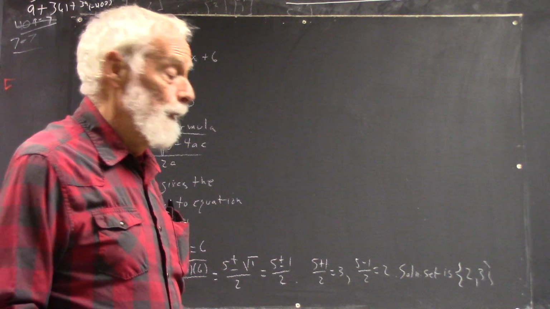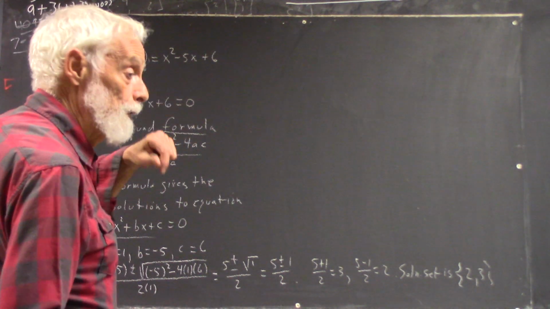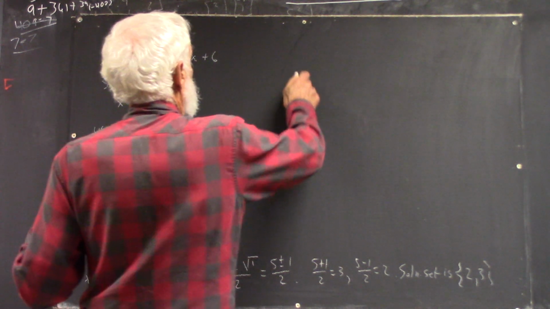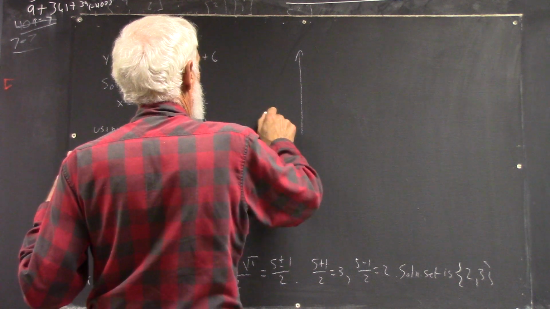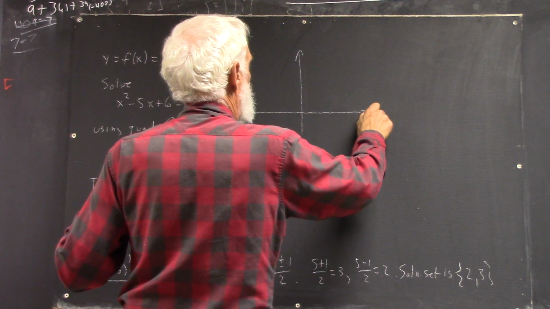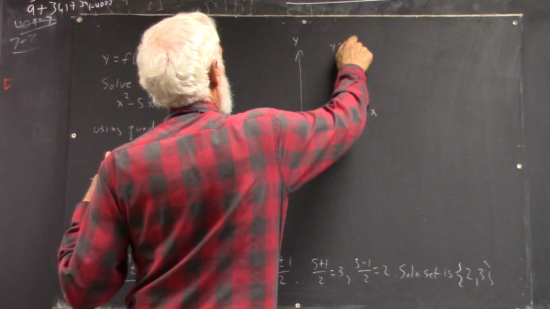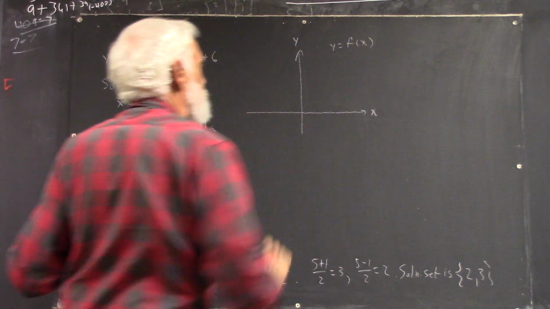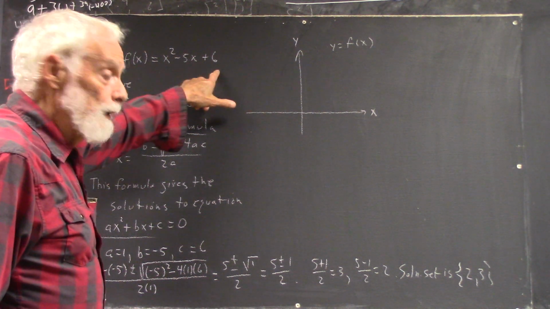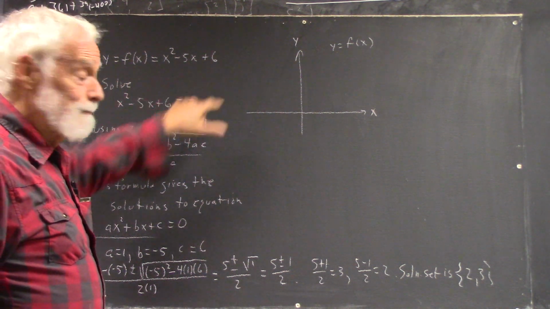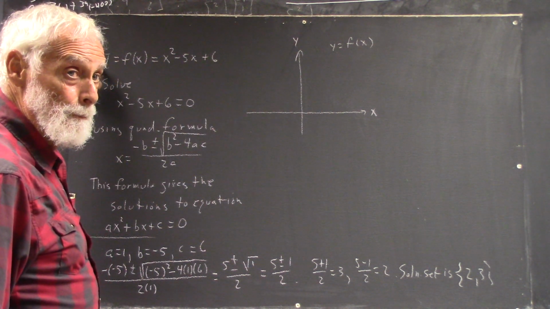Okay? Now, what's this mean? Because that's the important thing. What's this mean for the graph of this function? Okay, so if we're going to graph f of x, well, the solution to the equation where this equals 0 tells us where y equals 0, right?